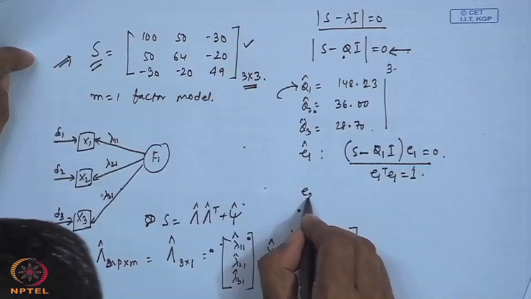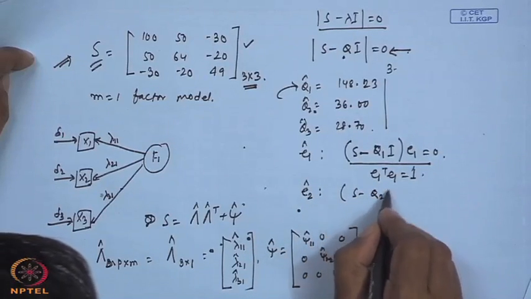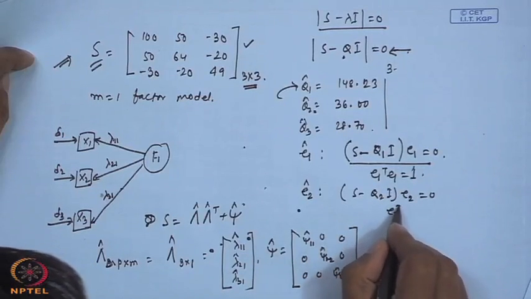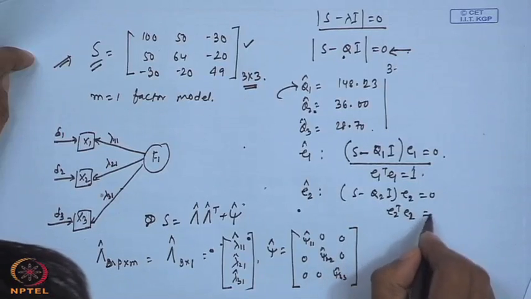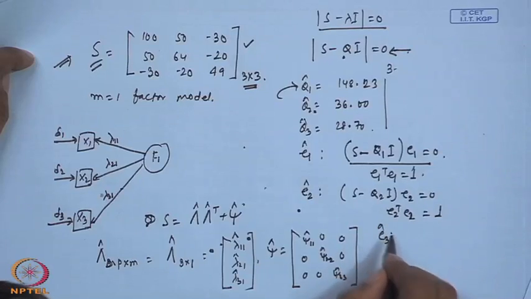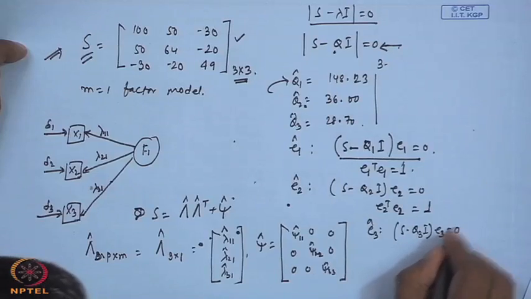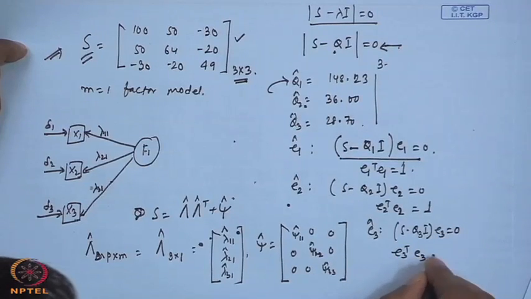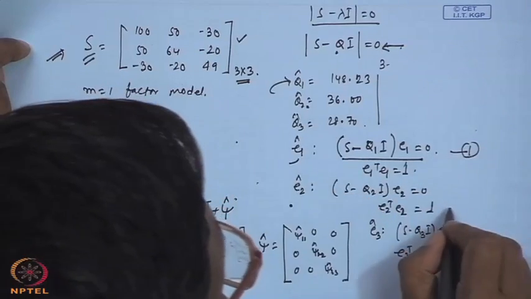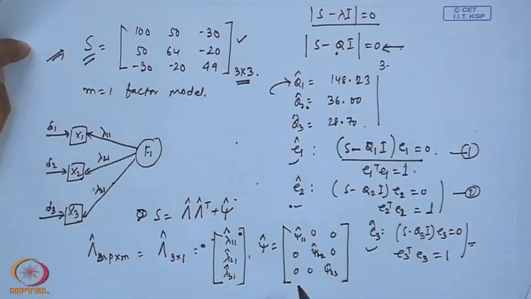Similarly for E2, the second eigenvector, you find S minus Q2 I times E2 equal to 0, subject to E2 transpose E2 equal to 1, and similarly for E3 cap, S minus Q3 I times E3 equal to 0, with E3 transpose E3 equal to 1. If you solve these equations, you will get this.